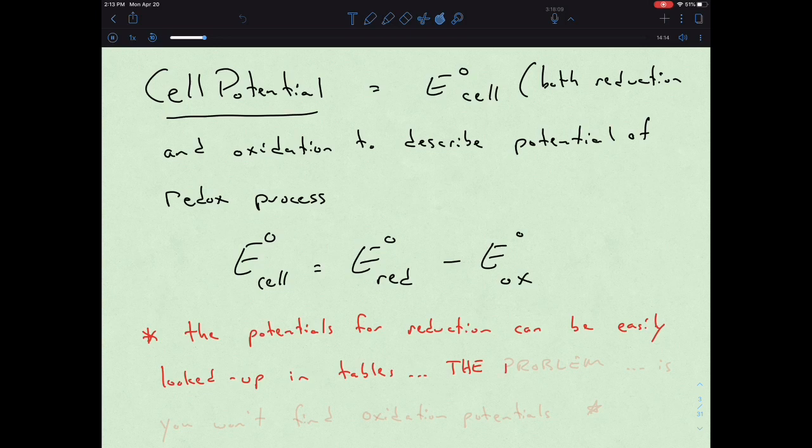The problem is you won't find oxidation potentials.